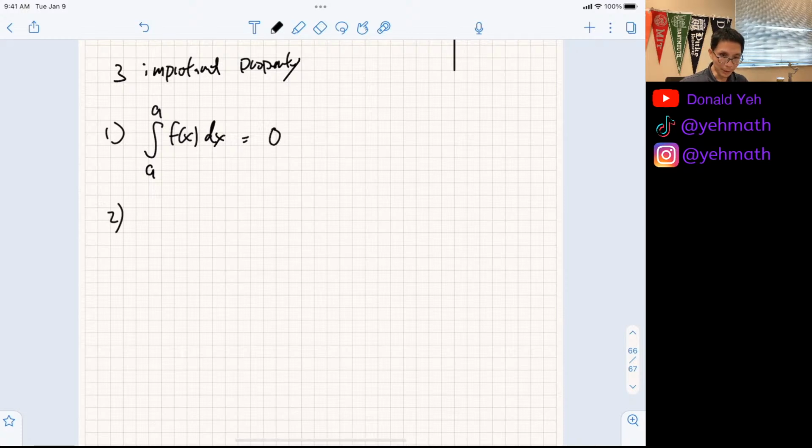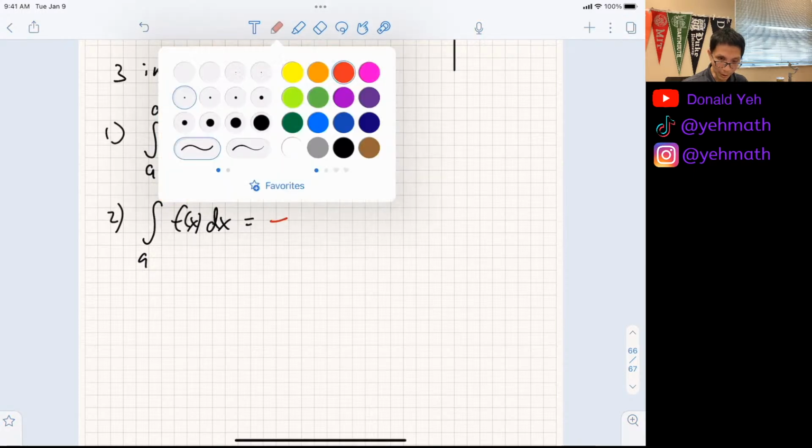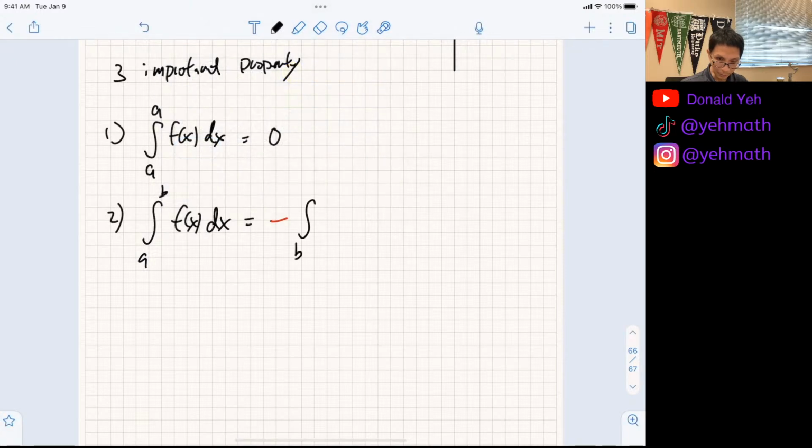The second property is the integral from a to b of f of x dx is equal to negative the integral if I decide to switch the boundary from b to a. So the orientation is changed.